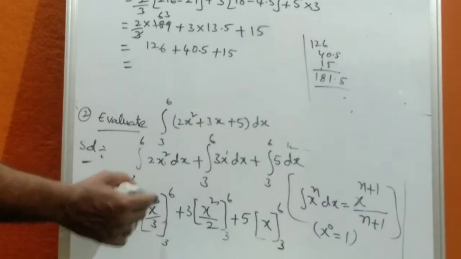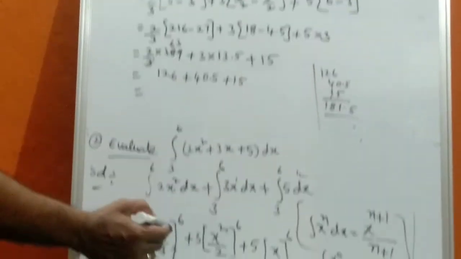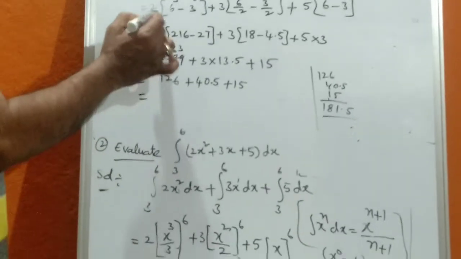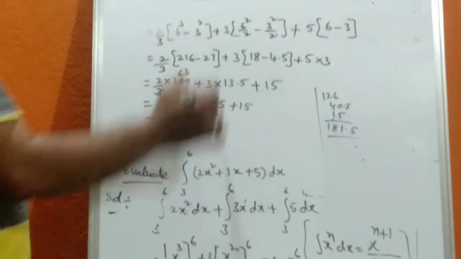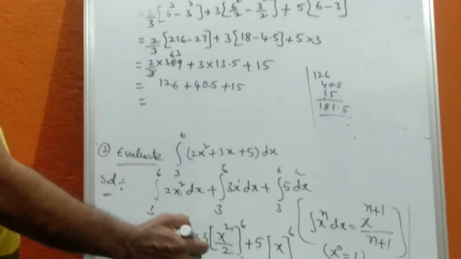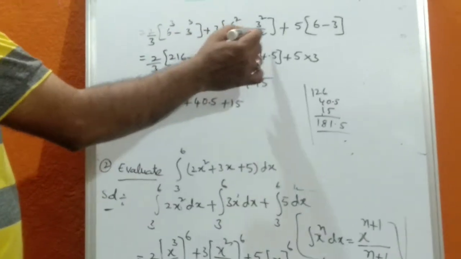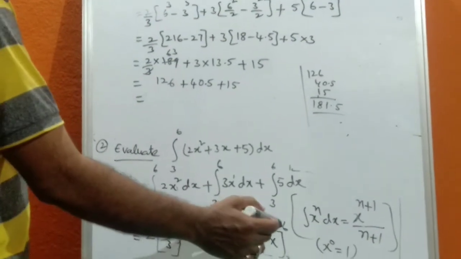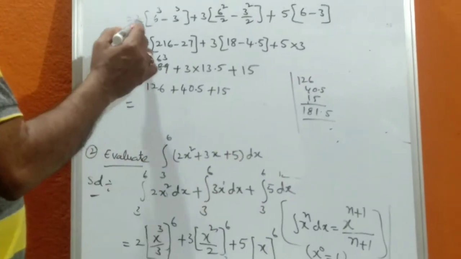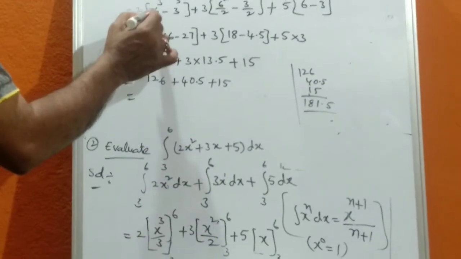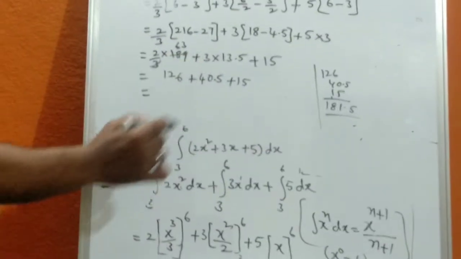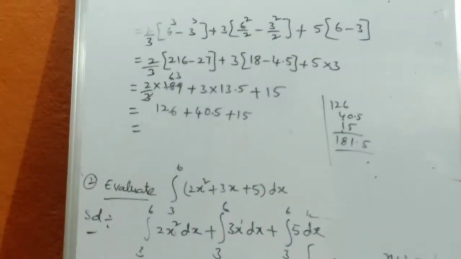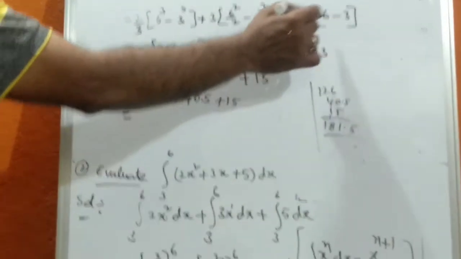So we substitute these values here, taking 2 by 3 common: 2 by 3 times 6 cubed minus 3 cubed, plus 3 times 6 squared by 2 minus 3 squared by 2, plus 5 times 6 minus 3. We apply upper limit minus lower limit. So 2 by 3 into 6 cubed, which is 216, minus 3 cubed, which is 27, plus 3 into 18 minus 9 by 2, which is 4.5, plus 5 into 3.